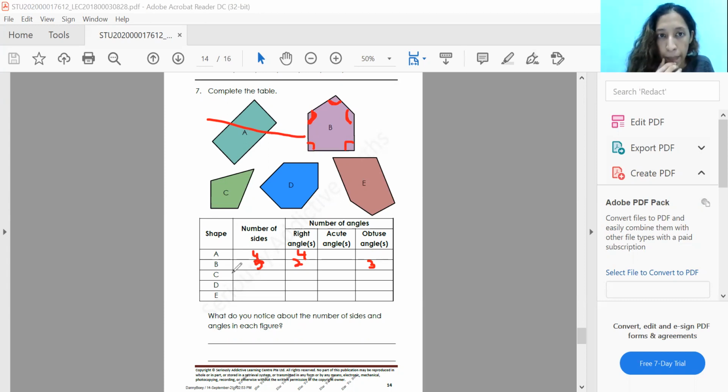Okay, what about C? How many sides are there? 1, 2, 3, 4. 4 sides. How many right angles? As we can see, 1. Only 1, right? How many acute angles? Okay, so look at this.